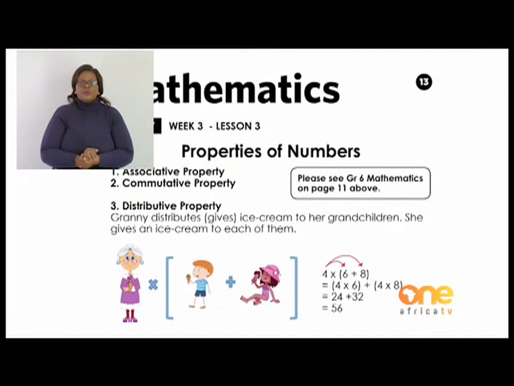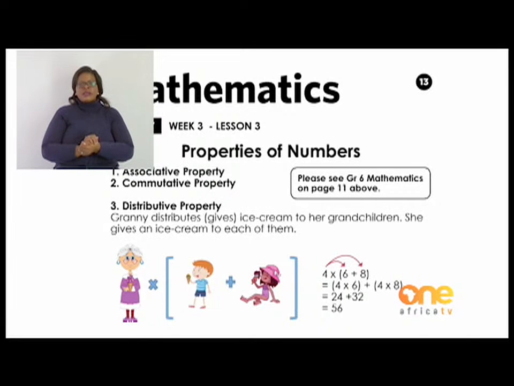So in a mathematical way, that can also be explained using that example, which is there: 4 times (6 plus 8), and in that manner 6 plus 8 can also be inside the brackets.